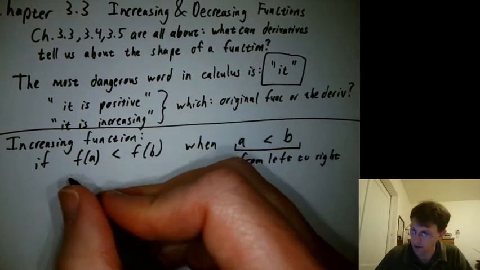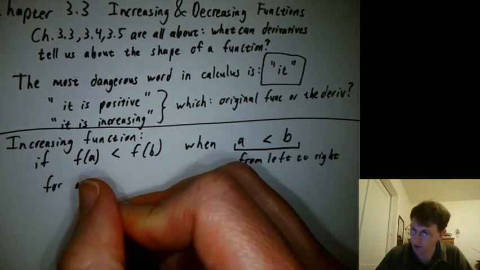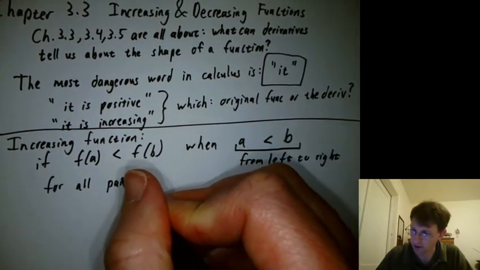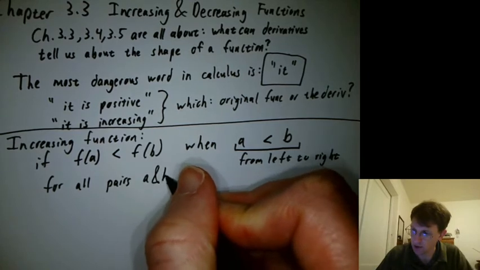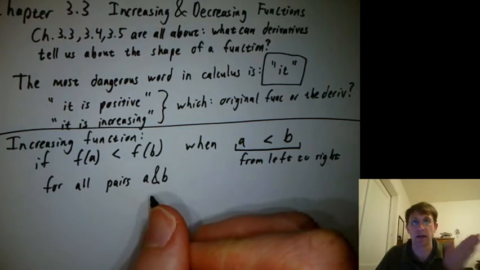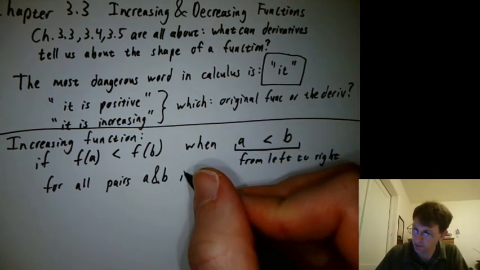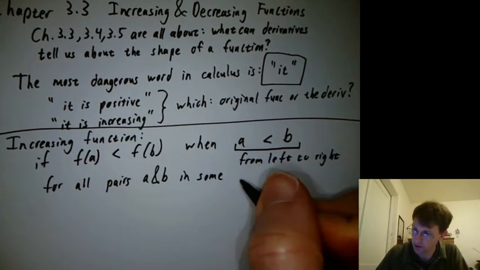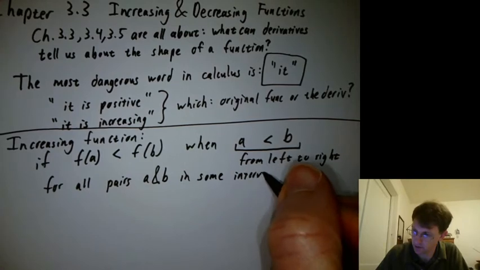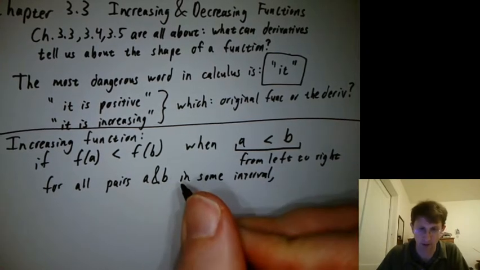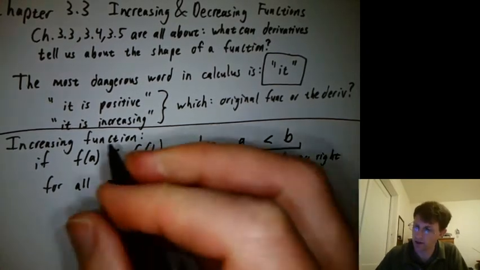But anyway, so if f of a is less than f of b when a is less than b, for all pairs a and b, so we're thinking of a and b here as x values, locations along the horizontal axis, in some interval, then we say the function is increasing on that interval.